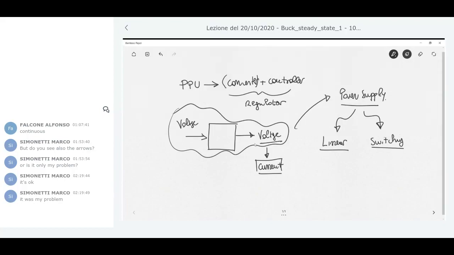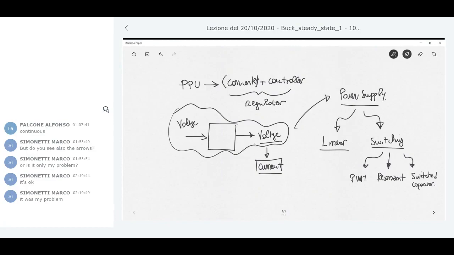These switching regulators can be classified, and this is the new information, into several kinds of regulators. We have the pulse width modulated regulators, the resonant regulators, and then we have, for example, switched capacitor regulators, which is another branch of switching.